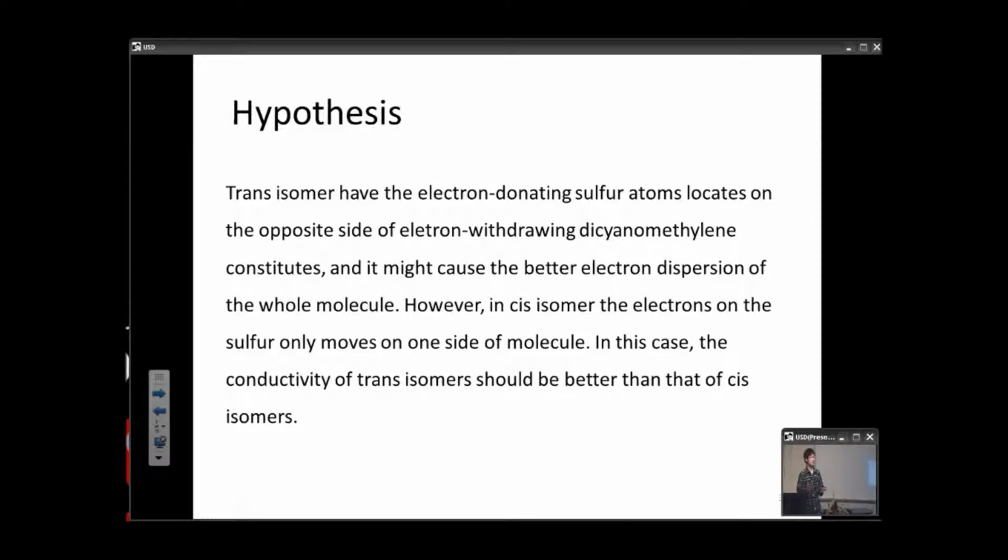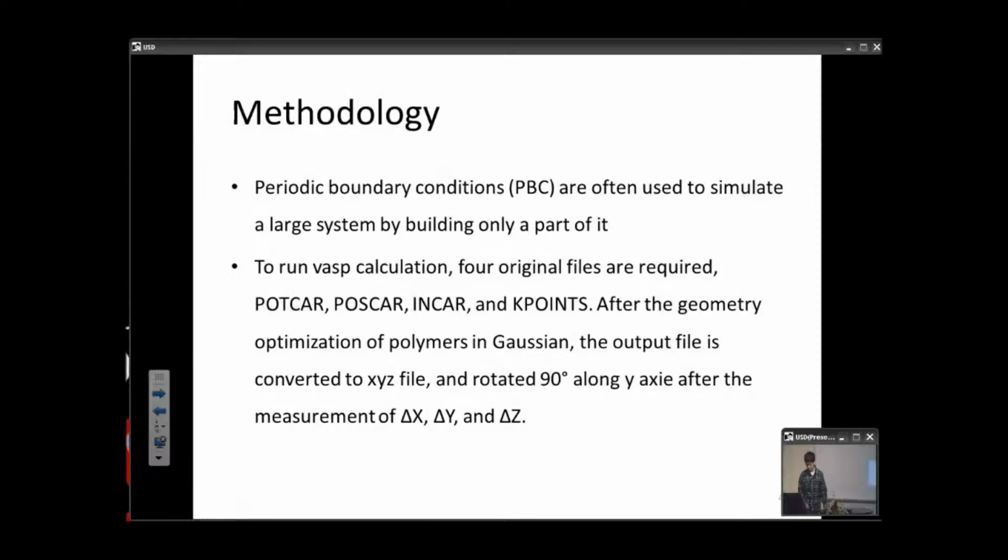We think if it's on different sides, then the electron donating group can donate the electron to go through the whole molecule. But if it's on the same side, it only affects part of the molecule. So we expect that if it can go through the whole molecule, the conductivity could be better.